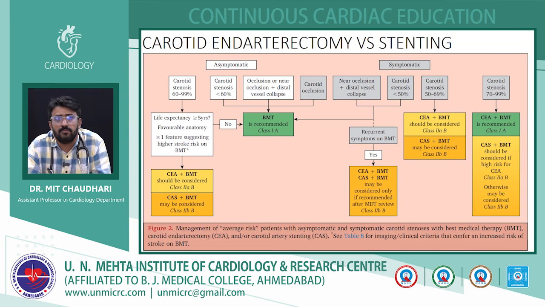So despite that, if there is one feature that suggests that this patient can have a high risk of developing a stroke, then we can go ahead with carotid revascularization.